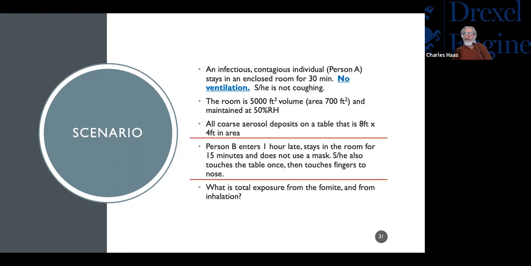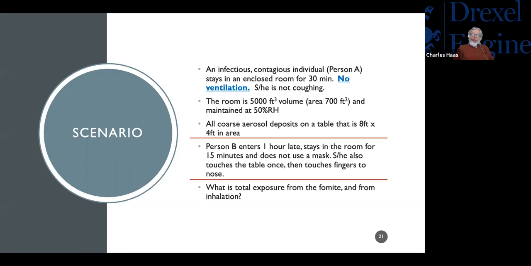Next week, we'll talk about what happens when we have ventilation involved. But this is a simple problem, assuming that the air is totally enclosed and that any viruses get completely mixed with the volume of air. The room is 5,000 cubic feet with an area of about 700 square feet, maintained at 50% relative humidity. All coarse aerosol deposits on a table that's 8 foot by 4 foot in area.